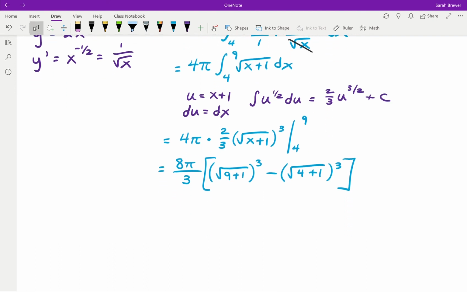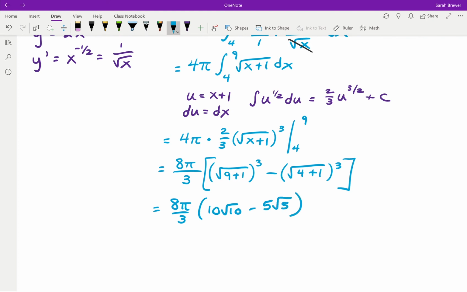You know, not super pretty numbers by any means, actually pretty similar numbers to the ones that we had in our arc length example. So we're looking at square root of 10 cubed minus square root of 5 cubed. That's just 10 root 10 minus 5 root 5.